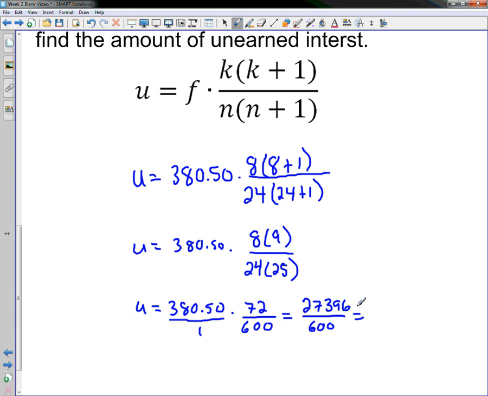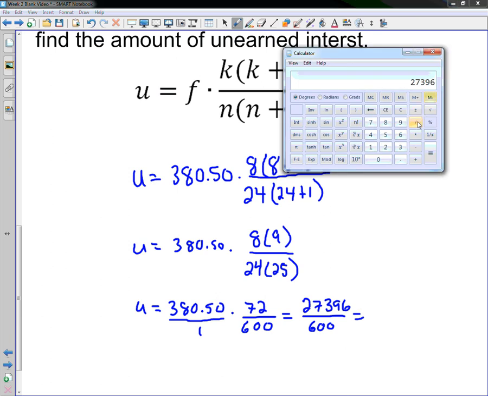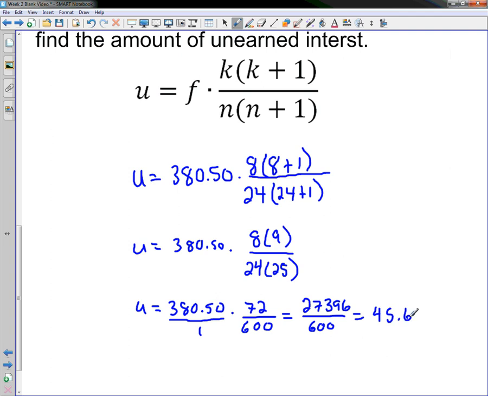And we have 45.66. Okay. So by paying off our payment 8 months early, we're going to save $45.66. So it's just using the formula, understanding the formula, plugging the values in, and working your way through.